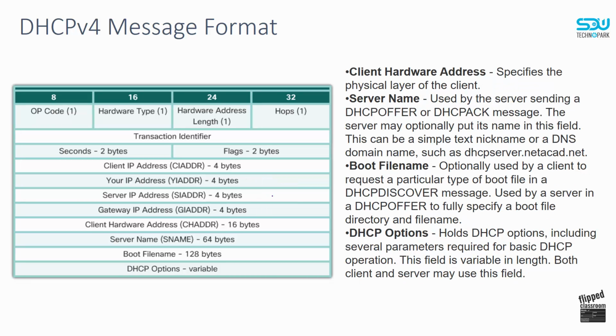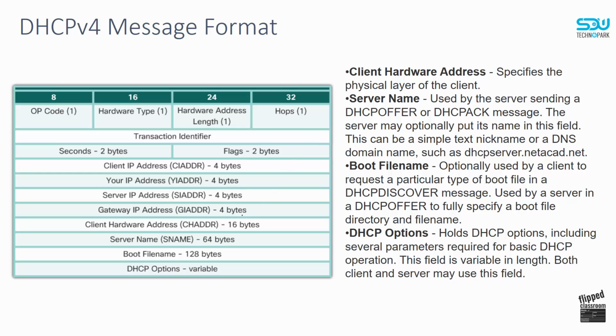Next is client hardware address. Next, server name used by the server sending a DHCP offer or DHCP acknowledgement message. The server may optionally put its name in the field. This can be a simple text, a nickname, or a DNS domain name such as dhcp-discover.netacad.net, for example.